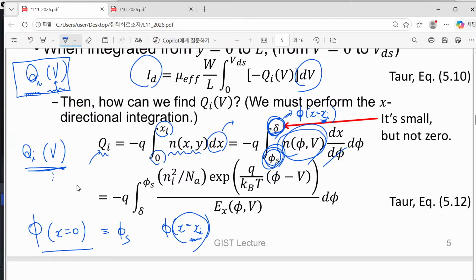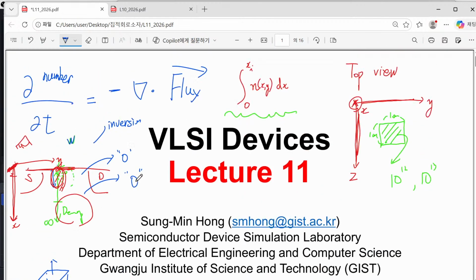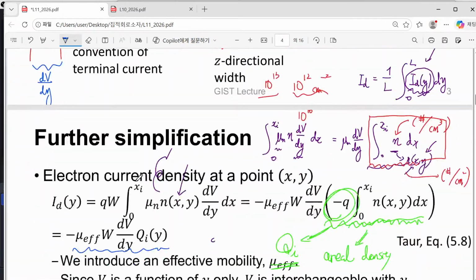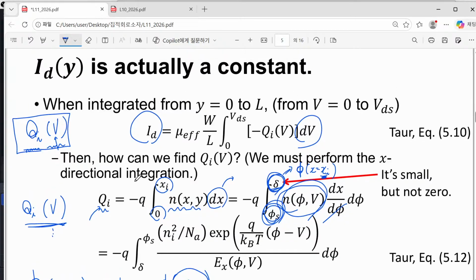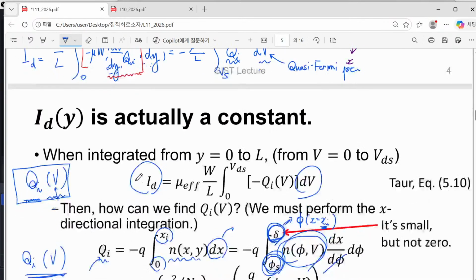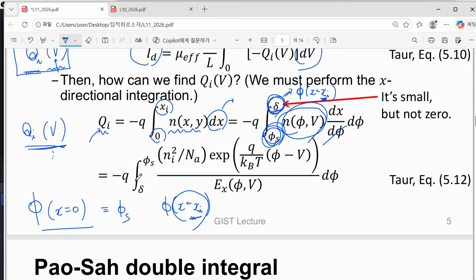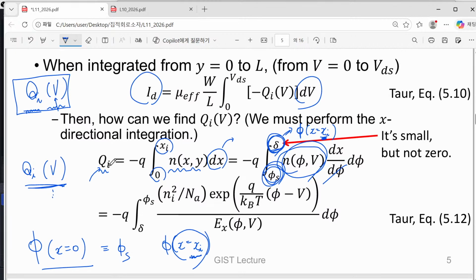Once again, I spent quite a long time explaining that electrons are quite concentrated in the part close to the interface, so we don't much care about the exact value of delta.